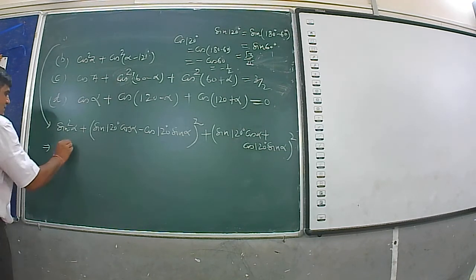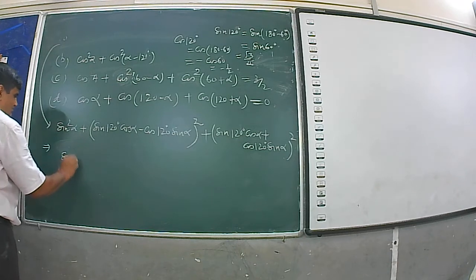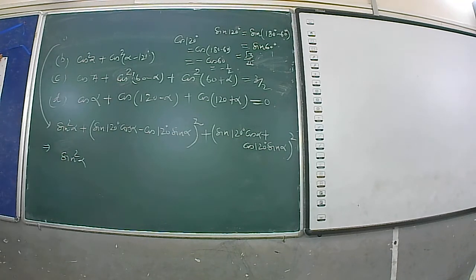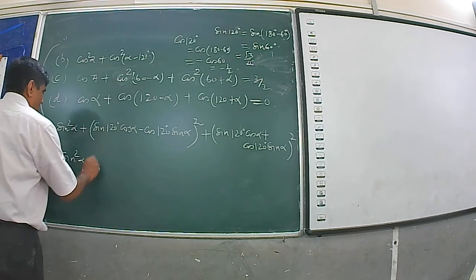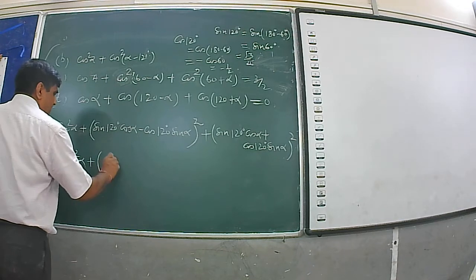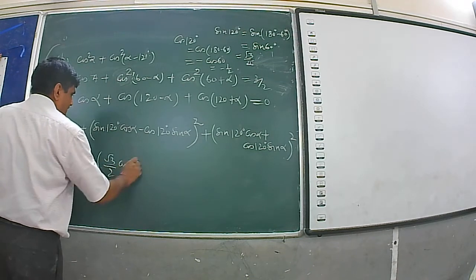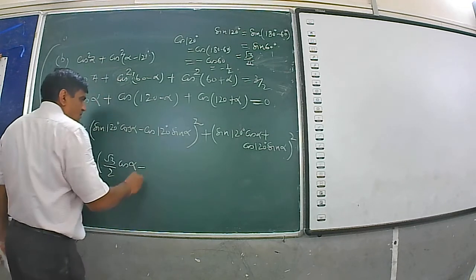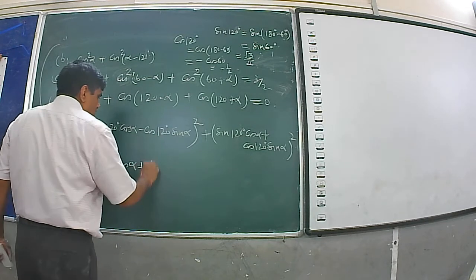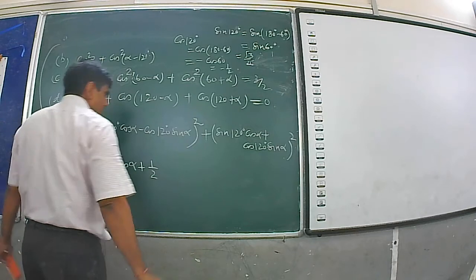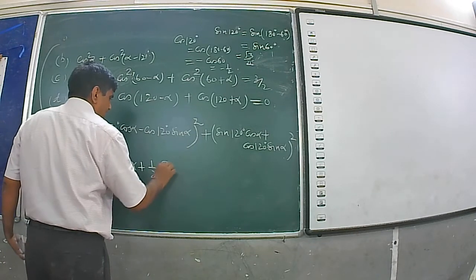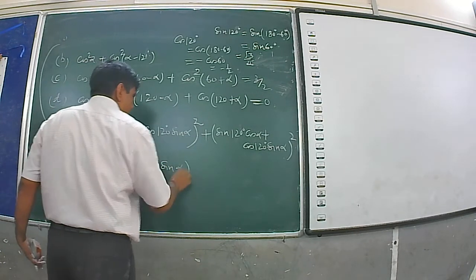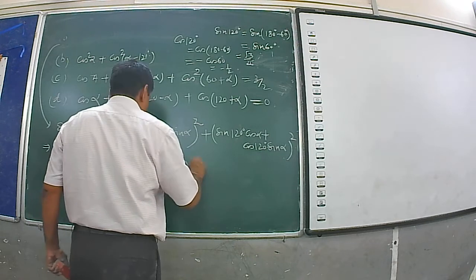Sin square alpha plus root 3 by 2 cos alpha minus cos 120, minus 1 by 2, plus 1 by 2 sin alpha, whole square.